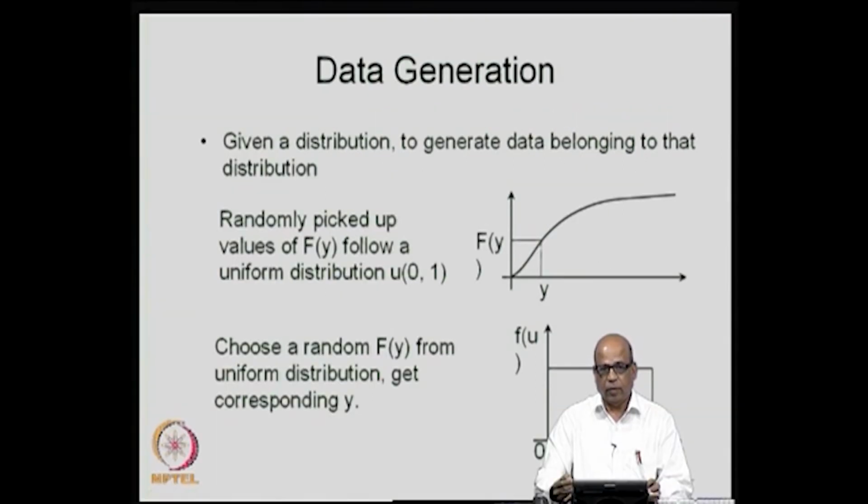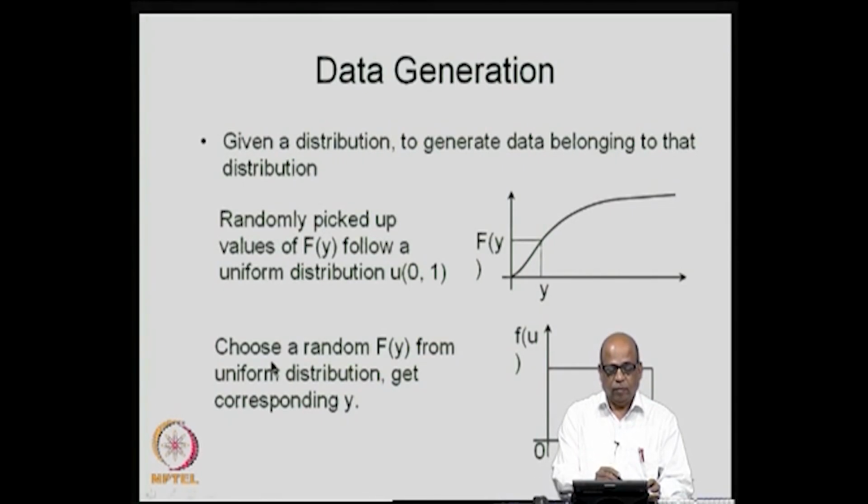In fact, this becomes a very handy result which we use in data generation. Remember, this is irrespective of the distribution. As long as you have a CDF, the CDF values themselves follow a uniform distribution between 0 and 1. So, we use this result to generate values.